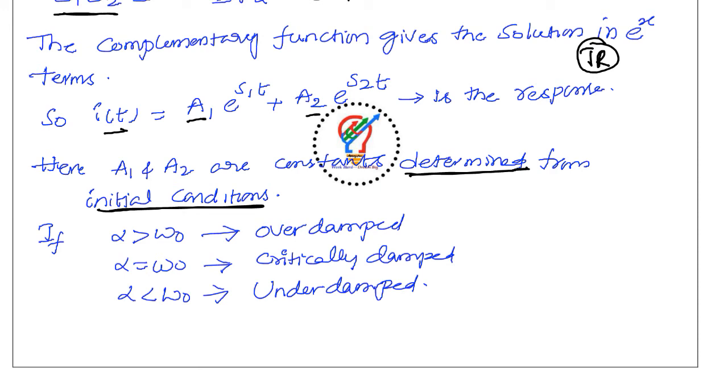When the damping factor alpha is greater than the natural frequency of oscillations omega naught, it is an overdamped system. If alpha is equal to omega naught, it is a critically damped system. Alpha less than omega naught means it is an underdamped system. So we will see three different cases and derive how the current i(t) will be for these different conditions.